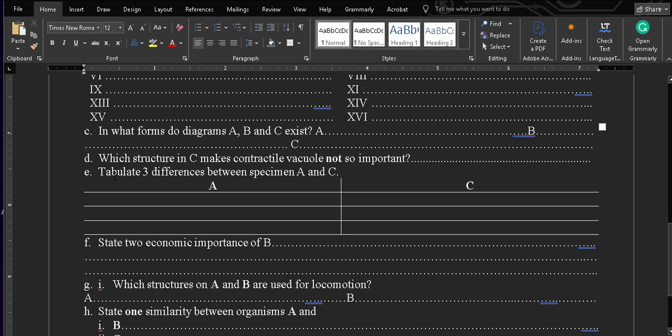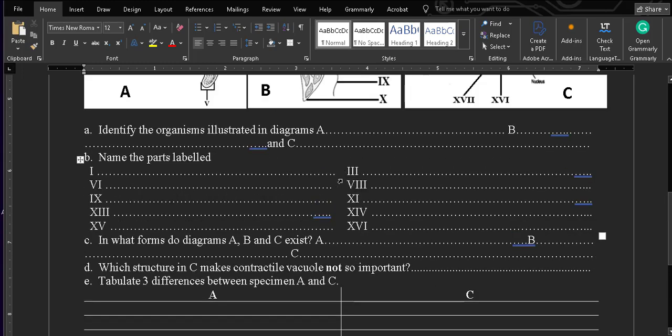That's it. Then we come to E, which is to tabulate 3 differences between specimens A and C.